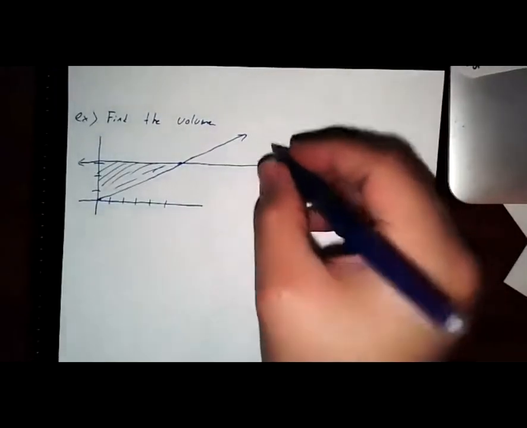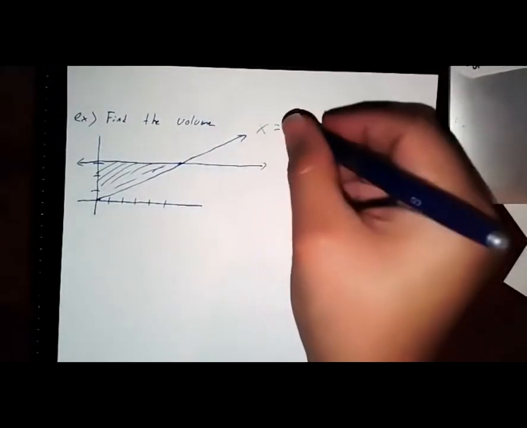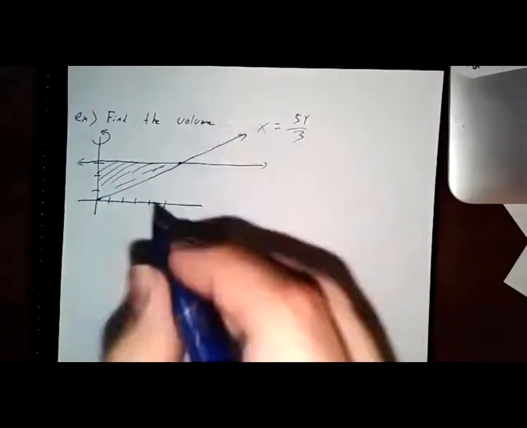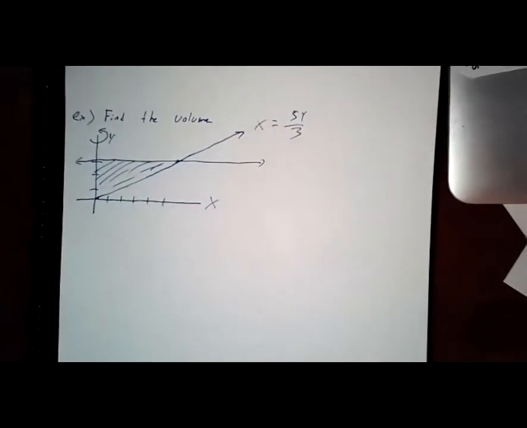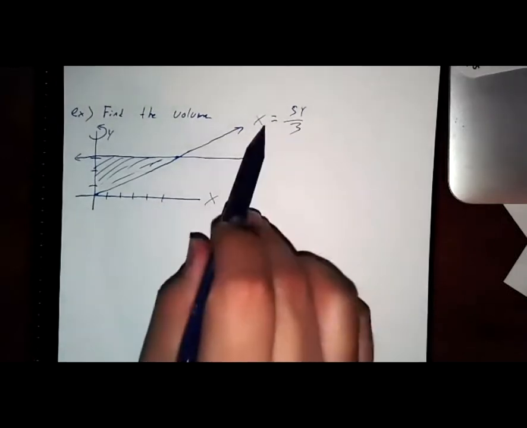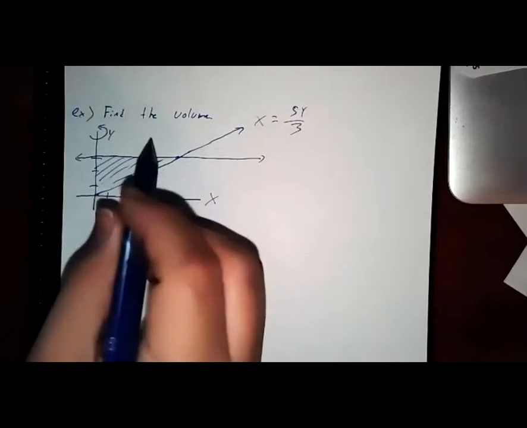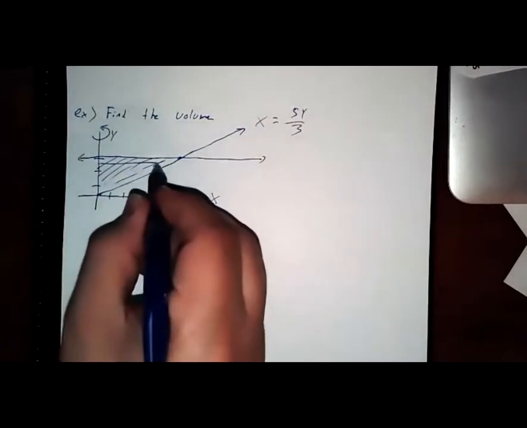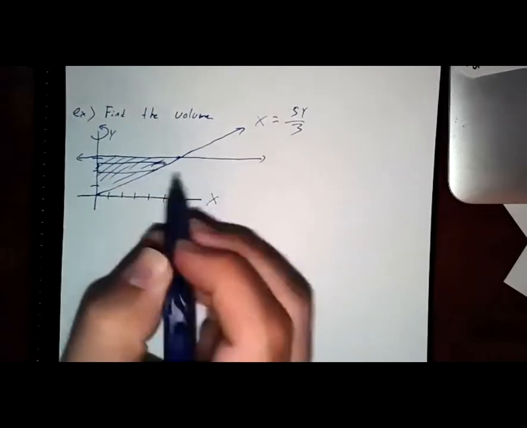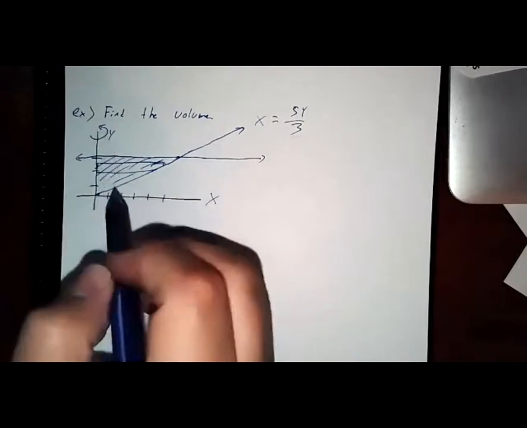So they said that this is the equation for this line, the horizontal, x equal to 5y thirds. And we're revolving this way. So since it's already solved for x and neither method seems to benefit me, I'm going to slice this way, creating a shell situation because it's perpendicular.